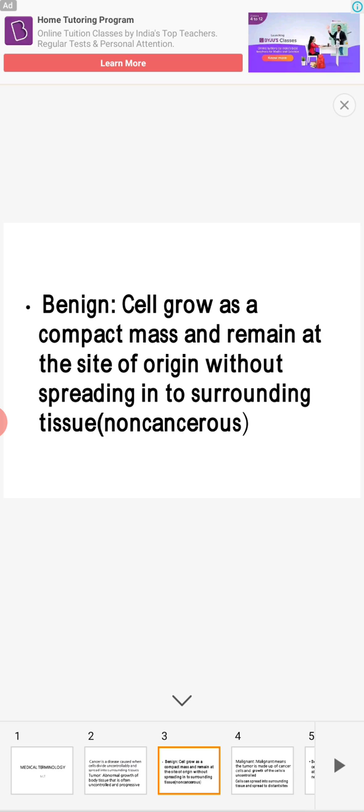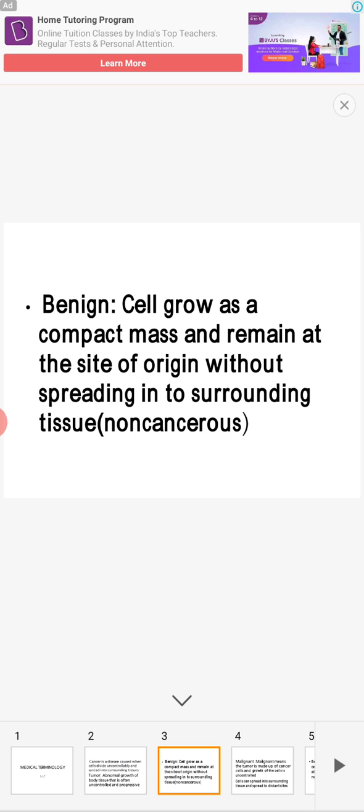It is a compact mass of cells, and it remains at the site of origin without spreading into surrounding tissue. If it spreads, it is cancerous. If there is unlimited cell division and it invades surrounding tissue, then it is called cancerous.